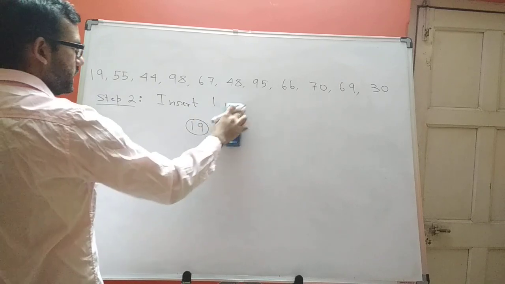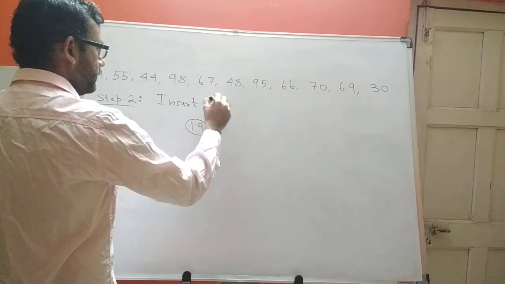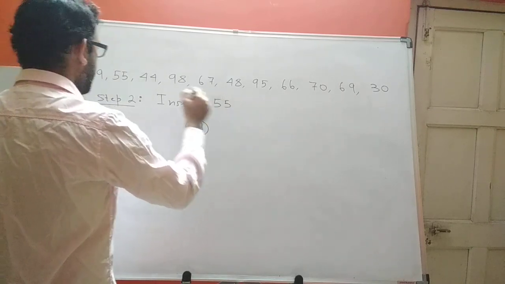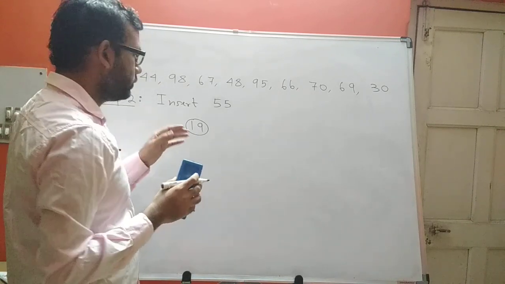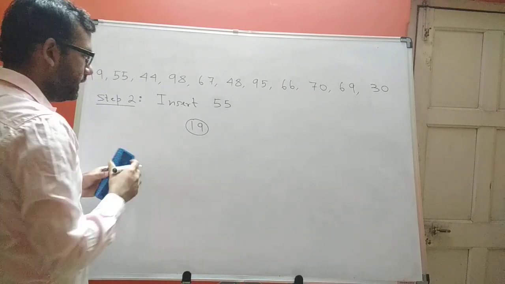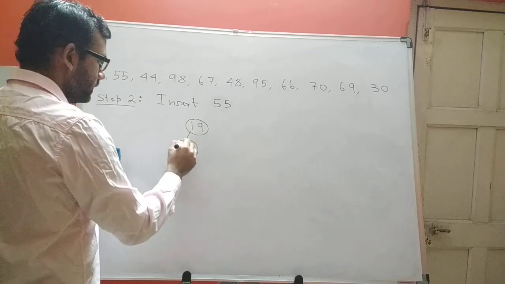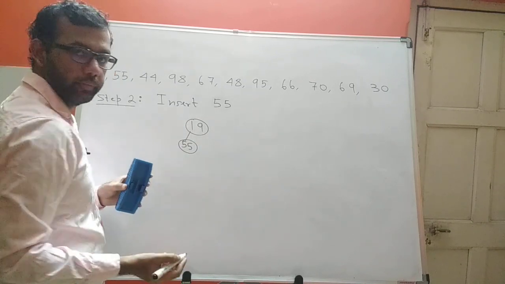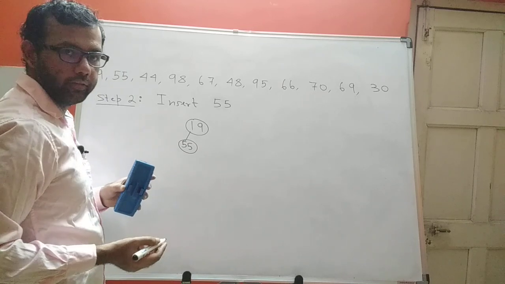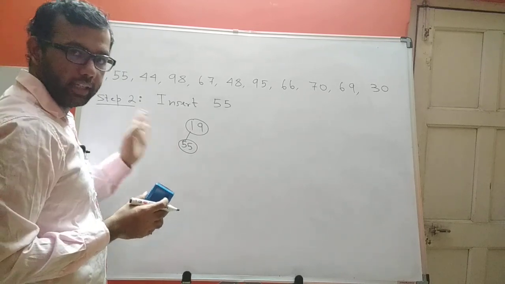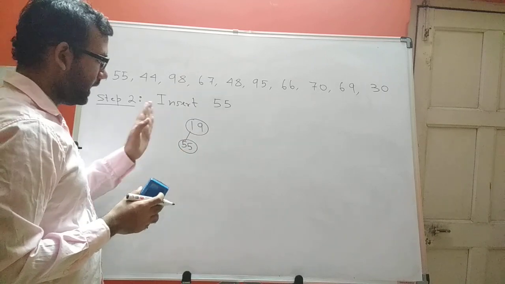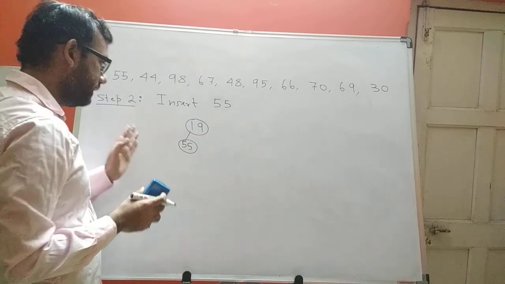So step 2 is insert 55. Insert 55. So where would 55 be inserted? 55 would be inserted to the left of 19, so that the property of complete binary tree is followed. See, after inserting 55, it's still a complete binary tree because I'm inserting from left in the last level. I'm inserting my nodes in the last level from the left hand side.